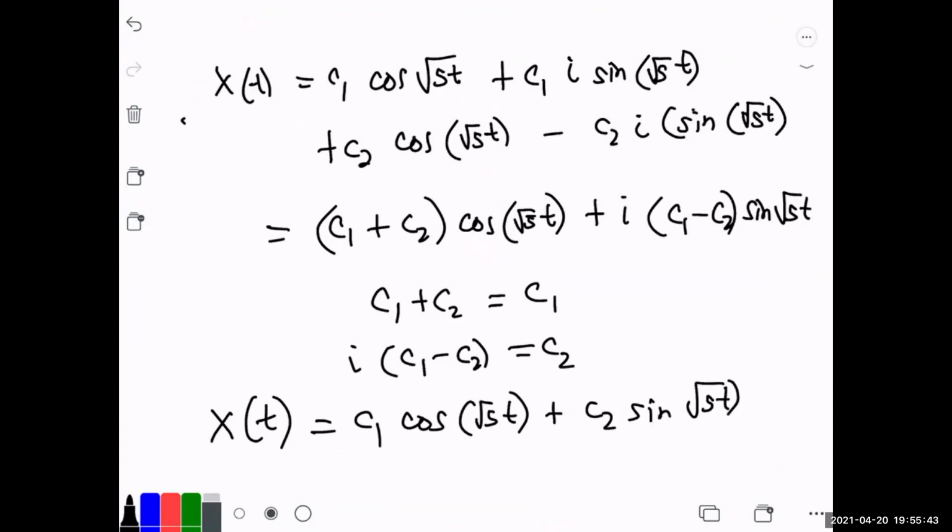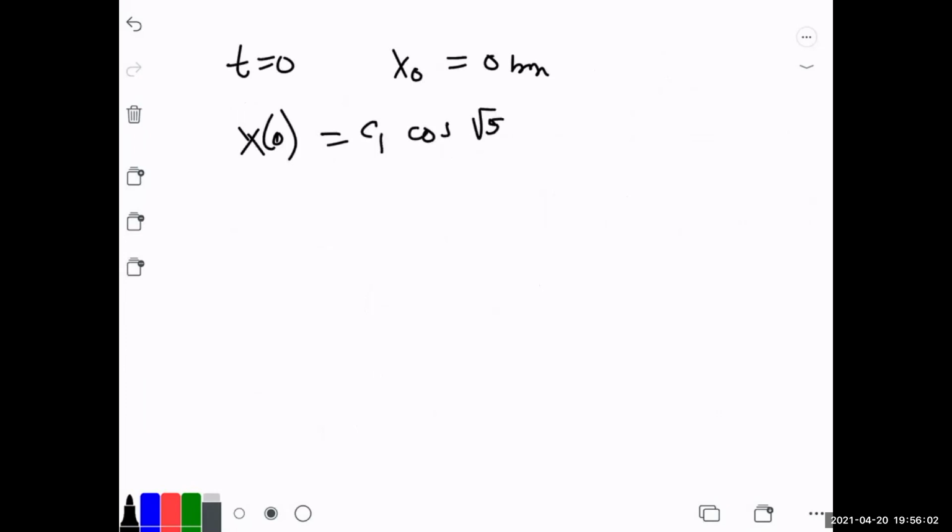Okay, actually there is an initial condition. It says there that at t0, the equilibrium position is x sub 0 equals 0 meter. So x sub 0, let's apply it into our solution. c sub 1 cosine of square root of 5 times 0 plus c sub 2 sine of square root of 5 times 0, which is t, equals 0.